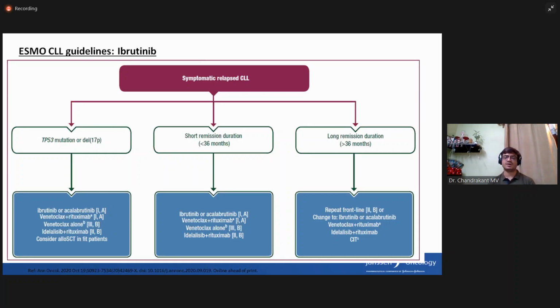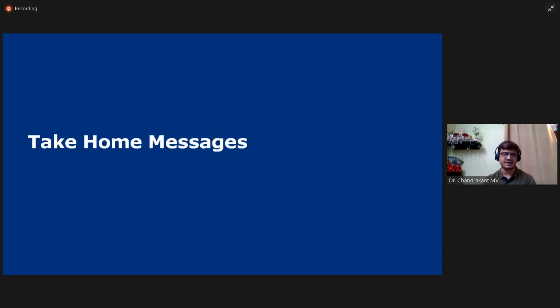And if you have a progression-free interval of more than 3 years, then you may use the same regimen you used before, or the same molecules can be used again. So we have these BTK inhibitors that can be used in any risk, any line, any subset. They are superior to any standard cytotoxic chemotherapy or CD20 antibodies.